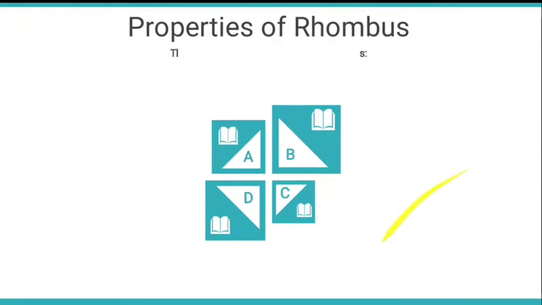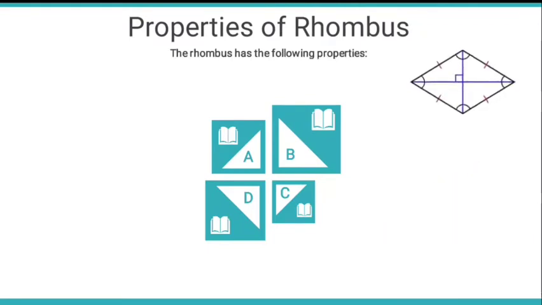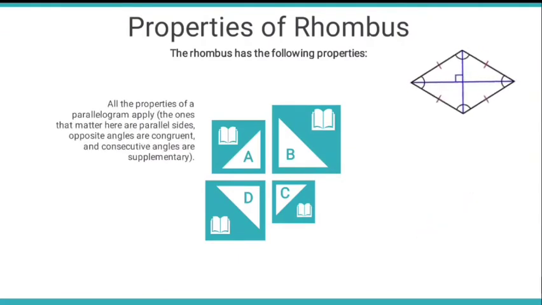Properties of rhombus. So the rhombus has the following properties. First, all the properties of a parallelogram apply, meaning the ones that matter here are parallel sides, opposite angles are congruent, and consecutive angles are supplementary.